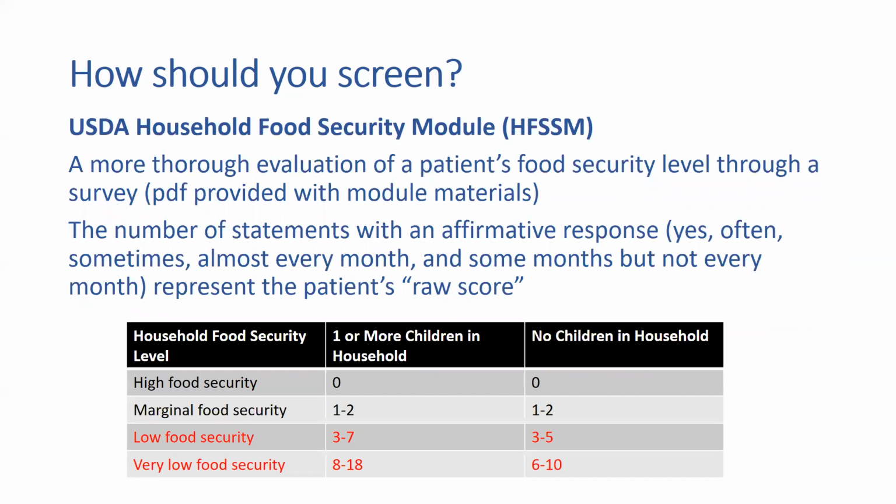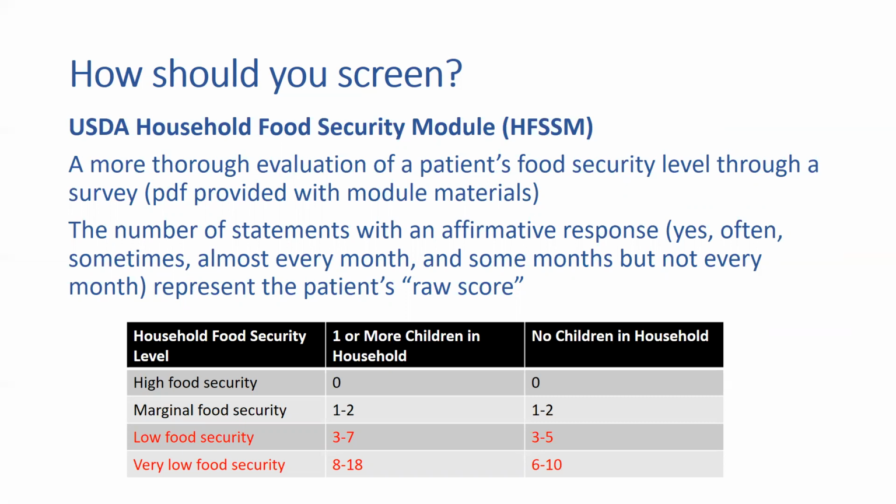To go even deeper, there's something called the USDA Household Food Security Module. And this is a little bit longer screening questionnaire, and it's more thorough because it asks several different questions about the patient's food security and the experiences they've been having. In the module materials, you'll see a PDF, both English and Spanish versions of this screening tool that has all the questions.